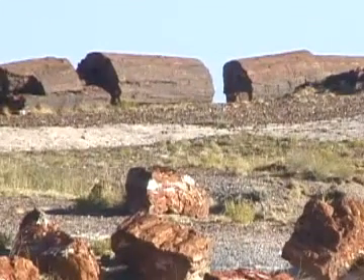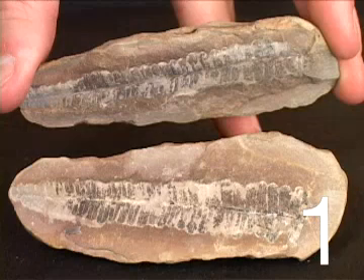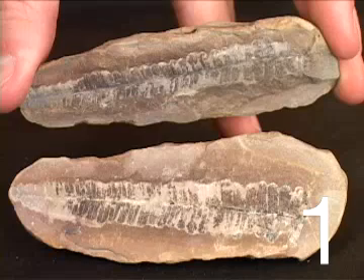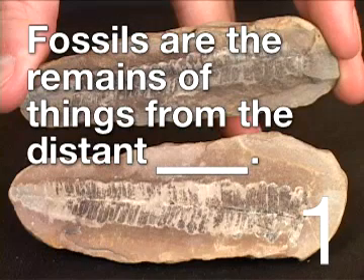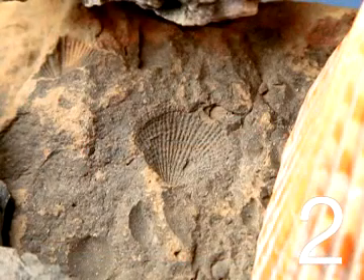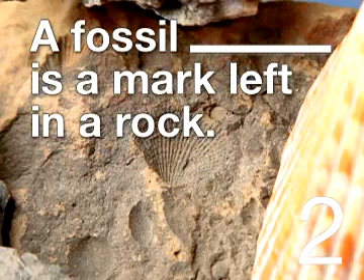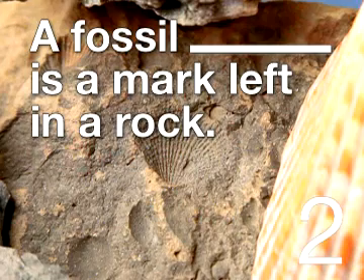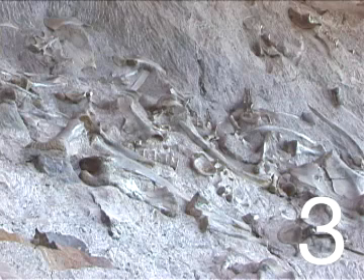Fill in the correct word to complete the sentence. Number 1. Fossils are the remains of things from the distant. Number 2. A fossil is a mark left in a rock. Number 3.